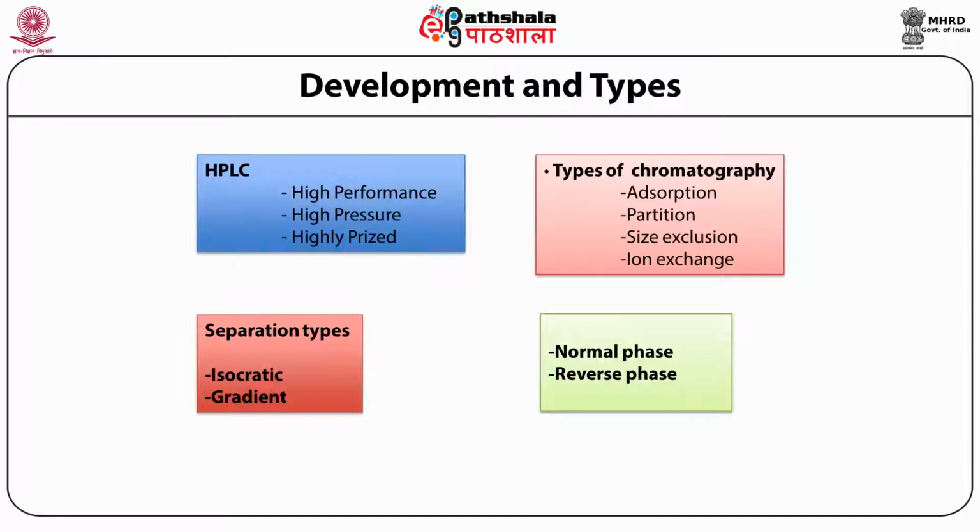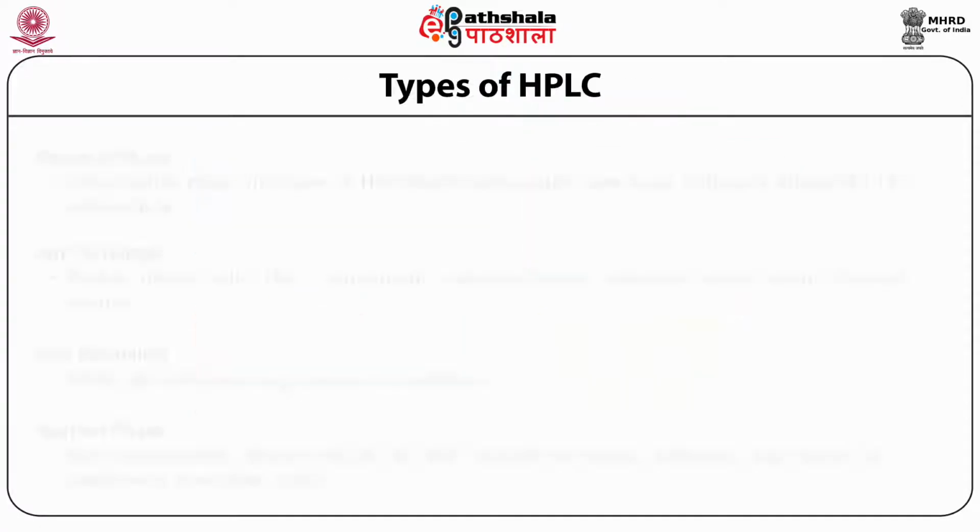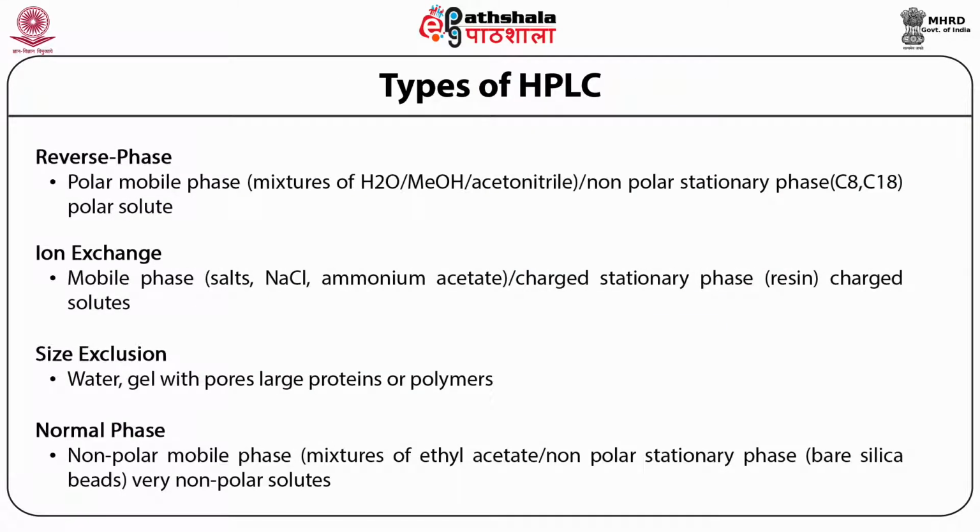Based upon the nature of the compound, it slowly gets eluted from the column and is detected in a suitable detector. Basically, HPLC contains two fundamental things, the mobile phase and the stationary phase. The stationary phase here is the column, and the mobile phase is the solvent used to elute the molecule.